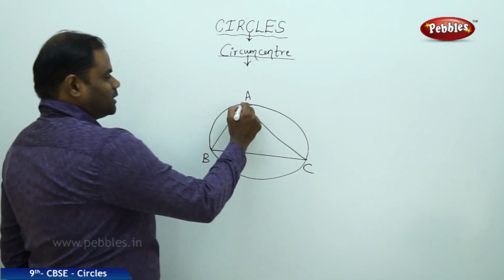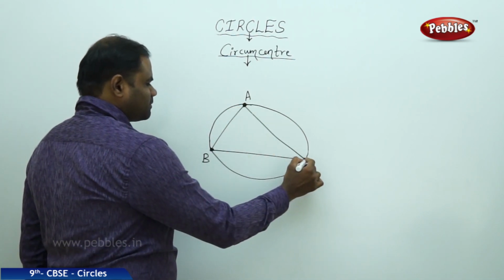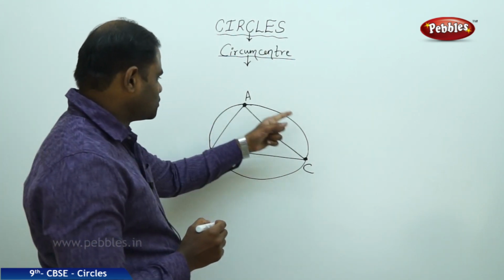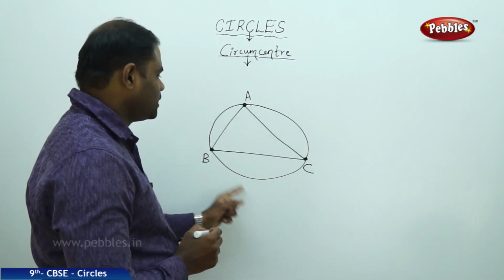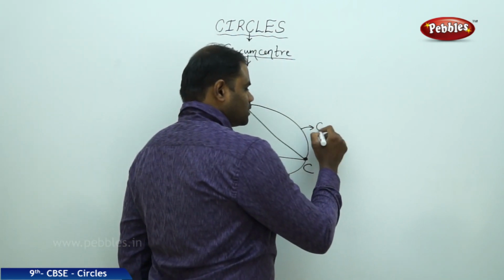Here I have vertex A, vertex B and vertex C. Since this circle passes through all three vertices of the triangle, it is no doubt a circumcircle.